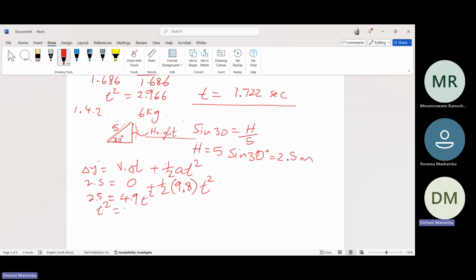Then t squared equals, if I divide both sides by 4.9, I'll get t squared equals 0.51, and t equals the square root of 0.51, which is 0.714 seconds.